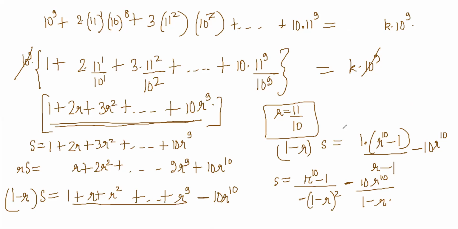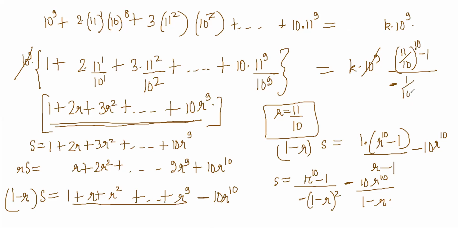So now this will become equal to 11 by 10 to the power 10 minus 1 by minus 1 by 10, 1 minus 11 by 10. So minus 1 by 10, minus 1 by 10 whole square.